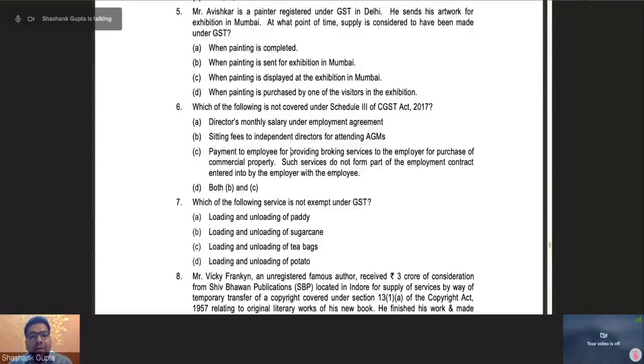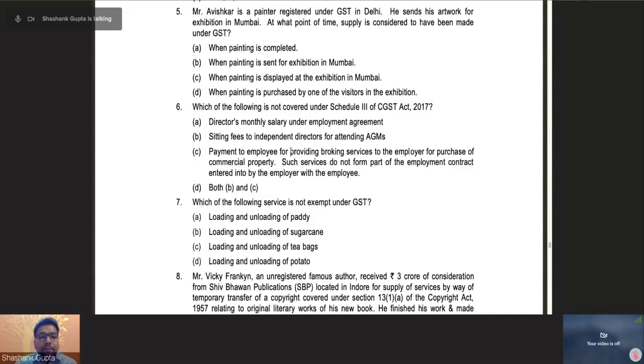So, will this be covered under Schedule 3? No. Only services in the course of employment are covered, and hence this will also not be covered. So the correct answer will be the D option, that is both B and C.